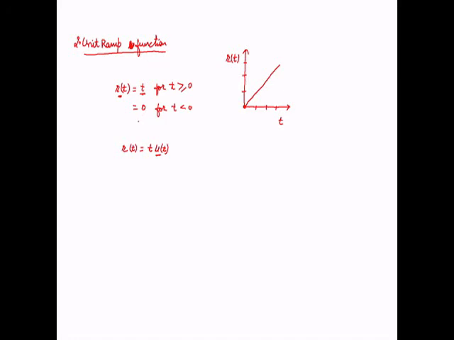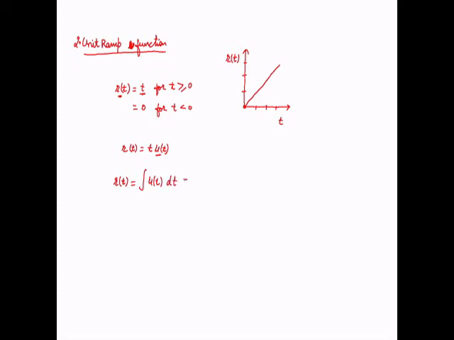So the ramp function can also be obtained by applying unit step to the integrator in case of continuous time signal. So we can also find r(t) is equal to the integration of u(t) dt.